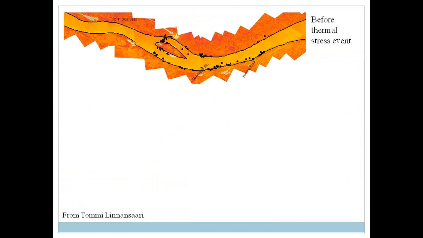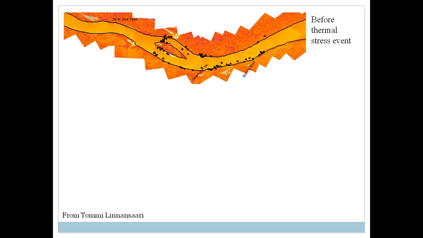This is also building on the same project. This was again from Dr. Tommy Lensari's work, using this same thermal infrared mapping output. So they have the map, and then they went and tagged a series of salmon along the Little Southwest Miramichi, and they wanted to see how these fish would use the known cold water refugia during a thermal stress event.